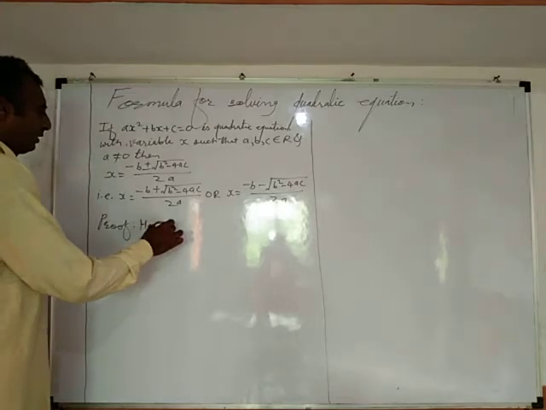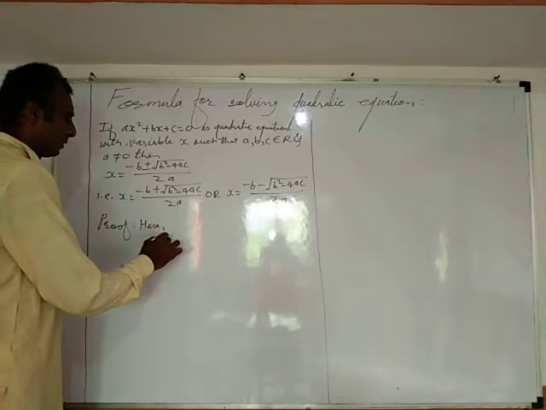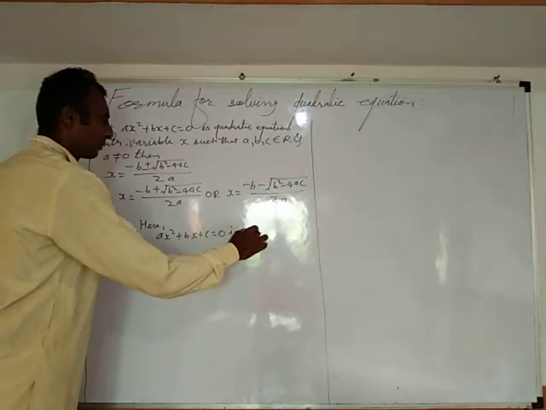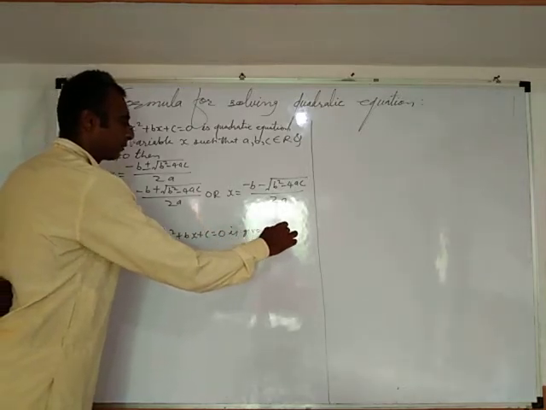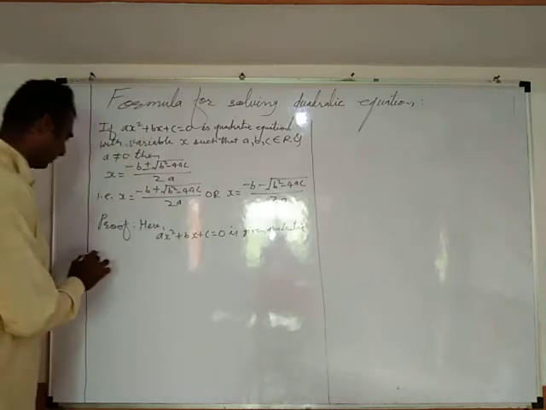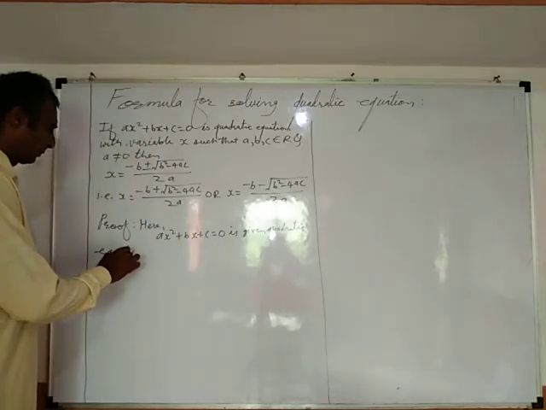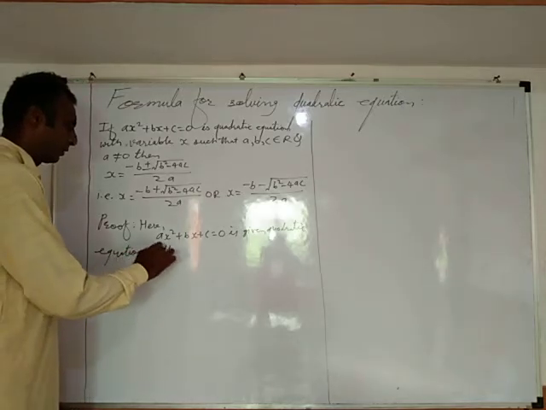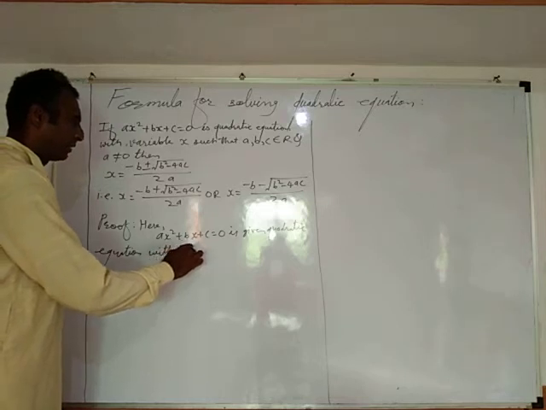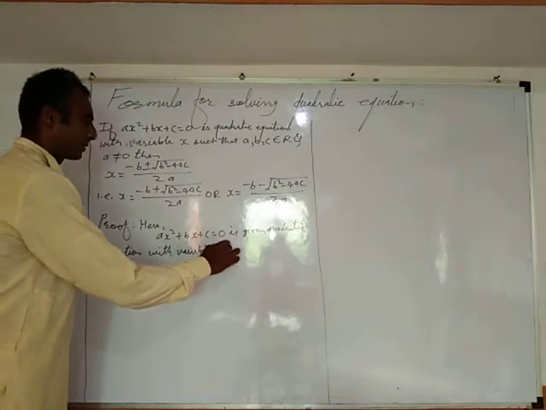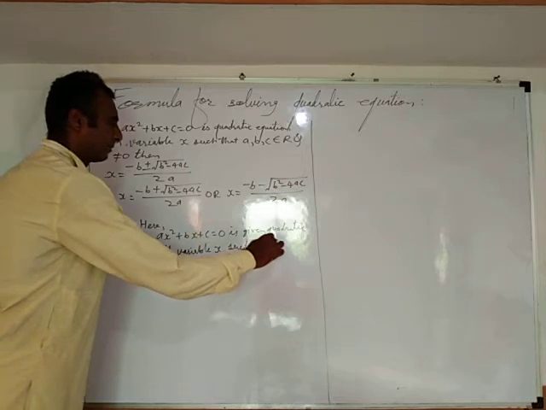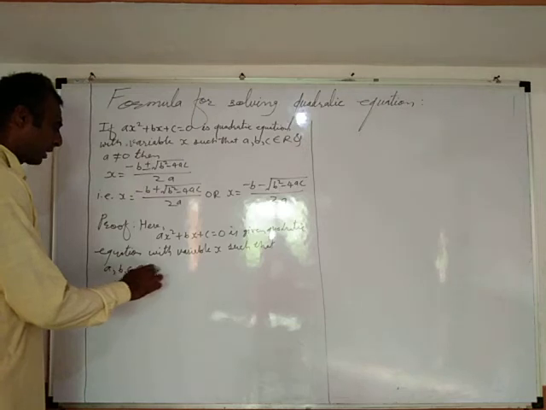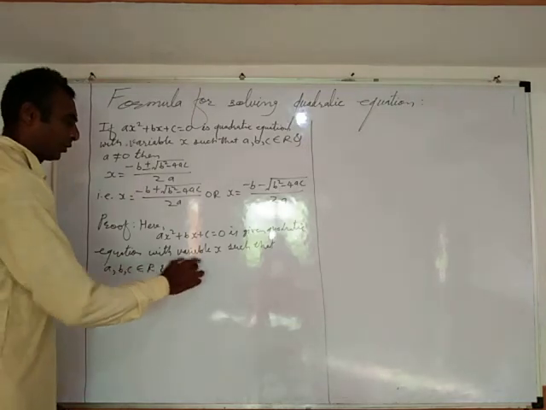Here ax square plus bx plus c equal to 0 is the given quadratic equation, with variable x such that a, b, c belong to R and a is not equal to 0.